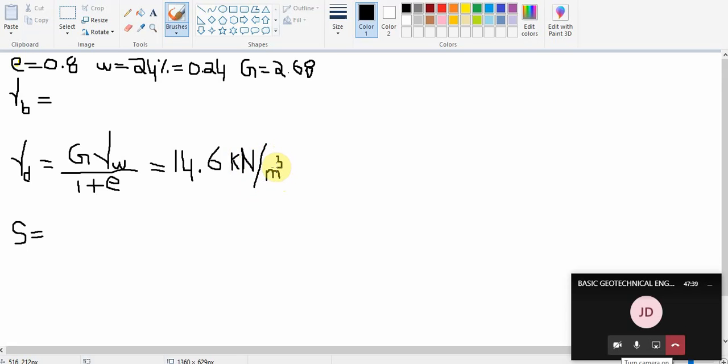G is 2.68, gamma W is 9.81, e is equal to 0.8. So gamma D is 14.6.